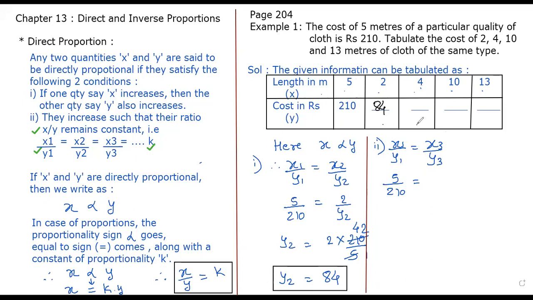We need to find out y2, y3, y4, and y5. Correct? Yes, sir. 5 upon 210 equals 4 upon y3. This y3 we need to cross multiply. y3 is equal to 4 into 210 upon 5. Just now we have seen this is 42. So y3 is 4 into 42. So y3 becomes what?